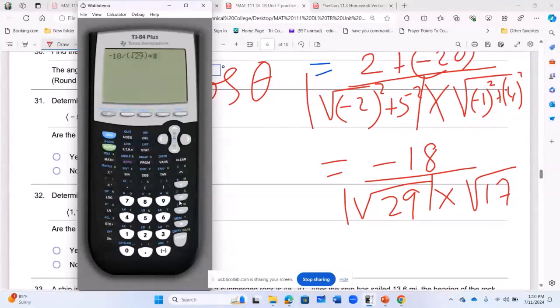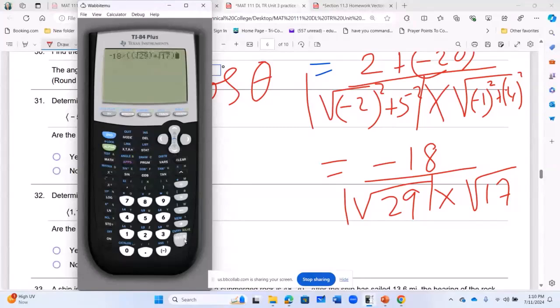I need another parenthesis there, square root of 17. I will add another parenthesis to avoid getting errors there, being careful with the parentheses.